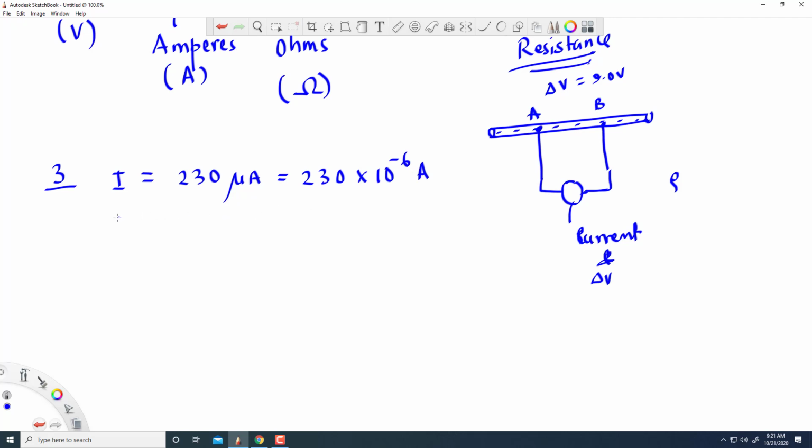And then you are applying delta V, which you can also measure with the meter, 9 volts.